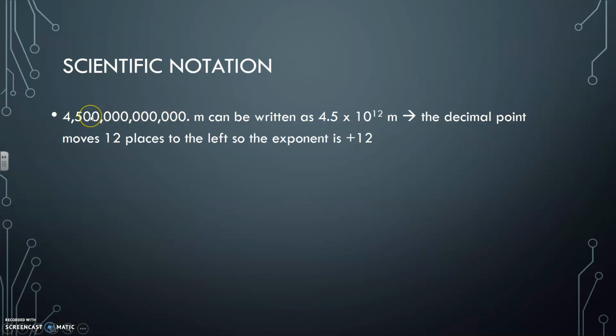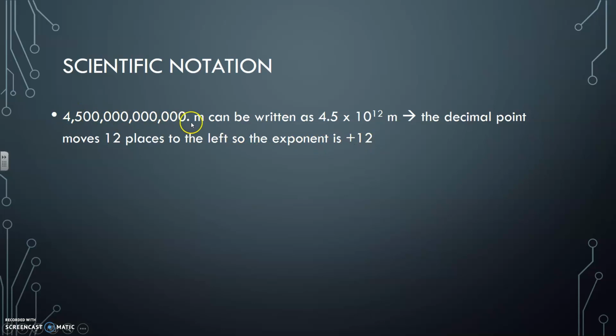But because the decimal point has to end up just to the right of the first digit, the decimal point is going to have to end up right here. So you are going to have to move the decimal point 12 places. But because it's a large number, your exponent has to be positive. So you're moving the decimal point 12 places. It's a large number, so your exponent is positive.